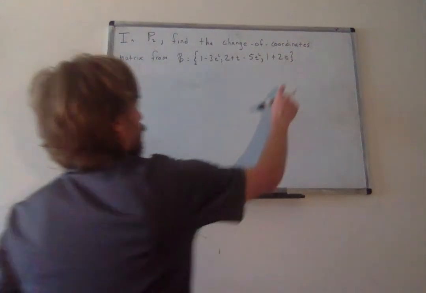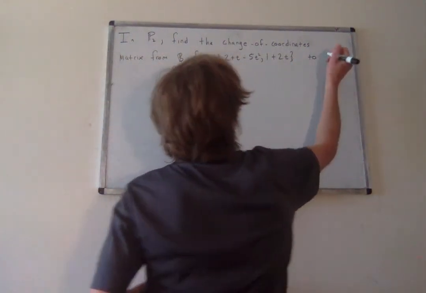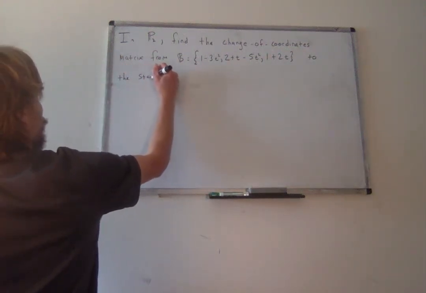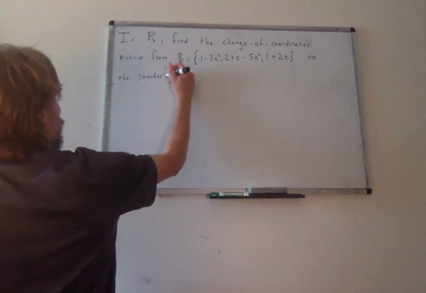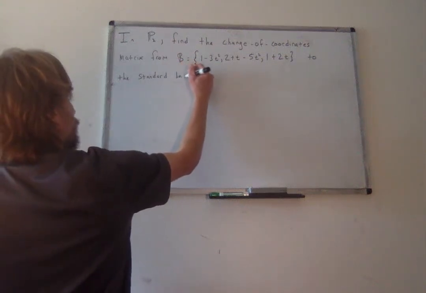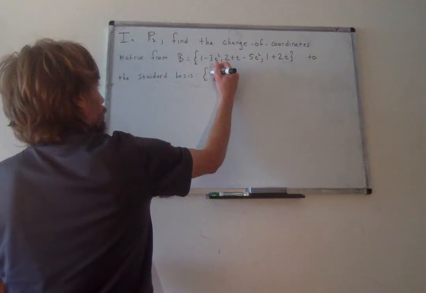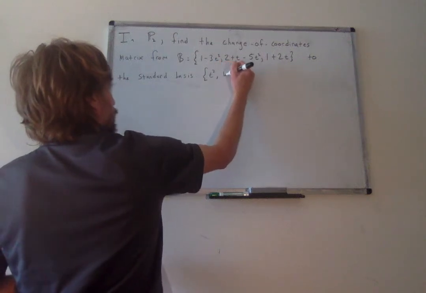So we want to convert this from B to the standard basis, which for P2 we considered to be the set t squared, t, 1.